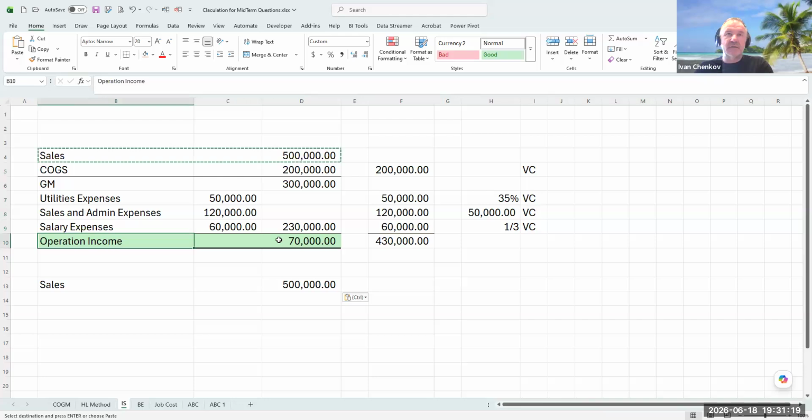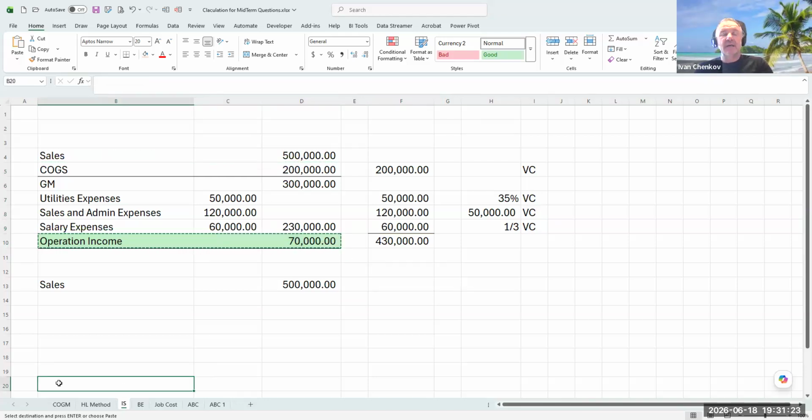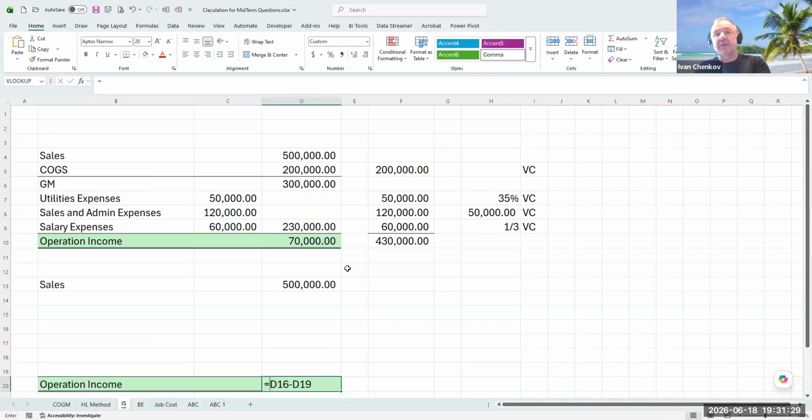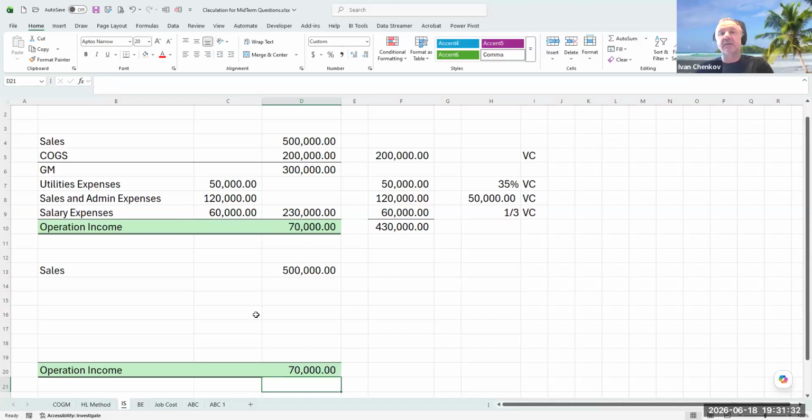So if the cost stays the same, operating income is going to stay the same. You can easily predict this one. Why? Because I'm not changing the operating income. My operating income is going to be exactly the same. I may want another income, but it's not going to happen because my costs are exactly 430. Now, how they behave doesn't matter. It's just presentation for a different format.